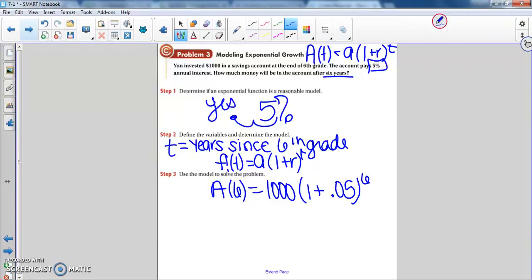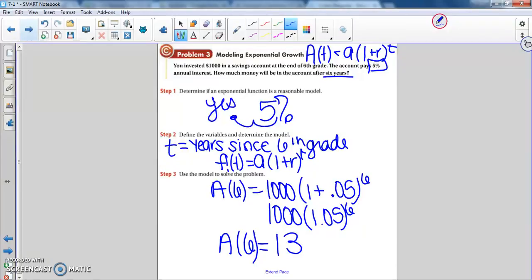You can plug that into your calculator: 1,000 times 1.05 to the 6th power, and we get A of 6 is equal to $1,340.10.